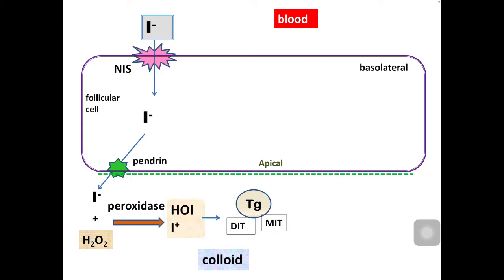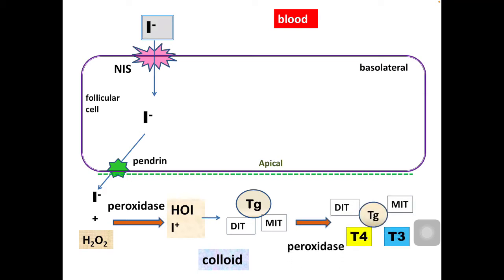So thyroglobulin is there, and iodination of this tyrosine takes place, producing monoiodotyrosine if one iodine molecule combines, or diiodotyrosine if two molecules are combined. This is a spontaneous reaction, and no enzymatic activity is required for it.